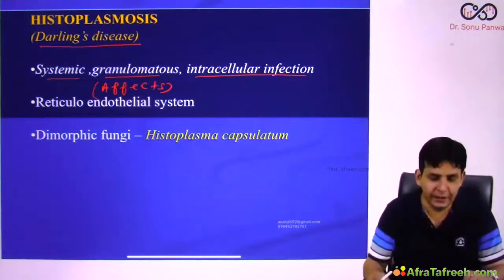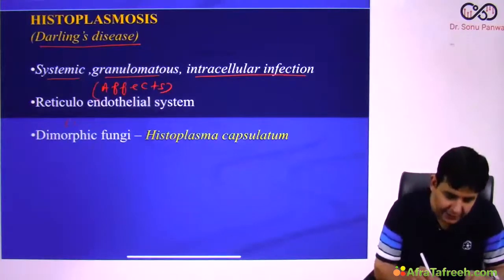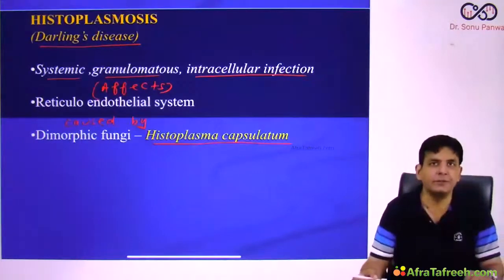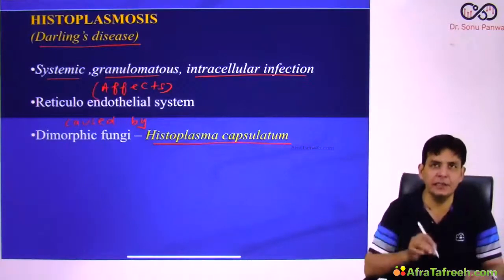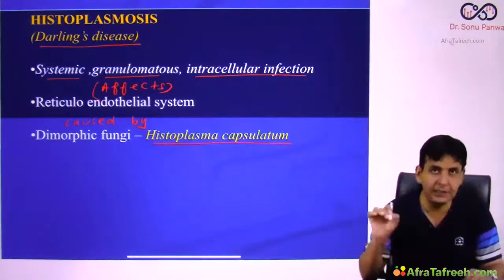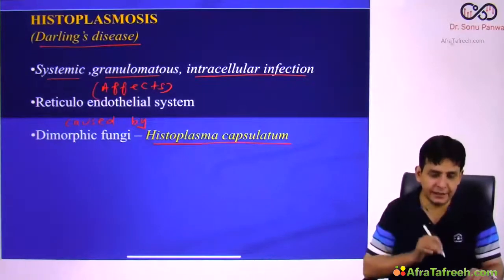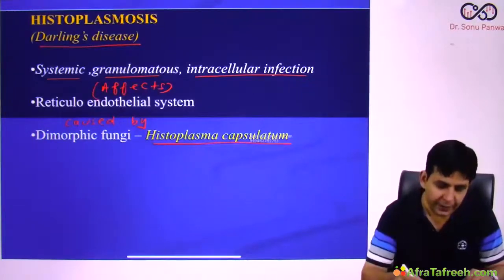It is caused by a dimorphic fungus termed Histoplasma capsulatum. It is known as dimorphic because it exists in yeast as well as mold form: yeast at 37 and mold at 22 to 25 degrees centigrade. So that is regarding histoplasma, first of all.